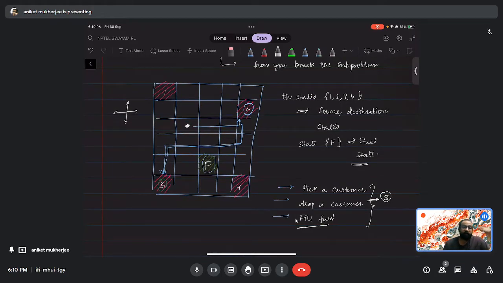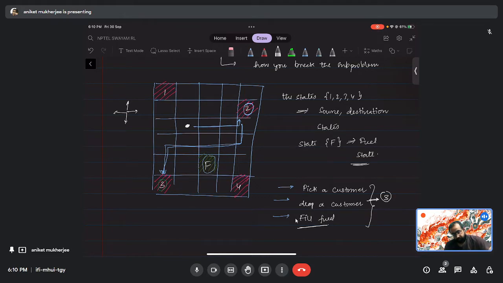But now, since you also have a notion of how full your tank is, like do you have enough fuel to go to point B, your state would also include how much fuel you have. So these are hierarchical.